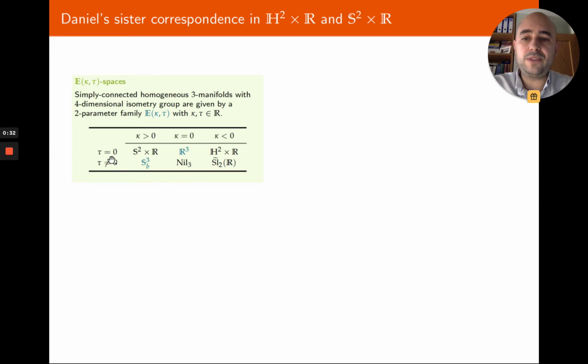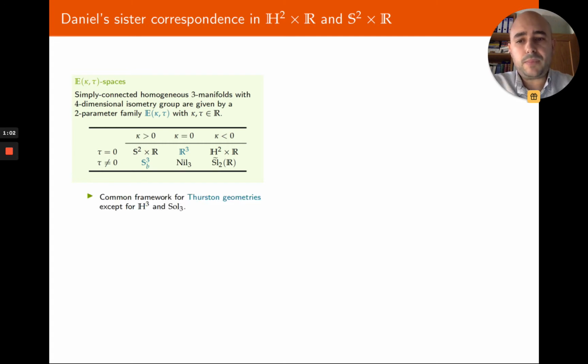When τ is equal to 0, we get the product spaces S² × R for positive κ, R³ for κ equal to 0, and H² × R for negative κ. And when τ is different from 0, we get the Berger spheres, the Heisenberg group, and also the universal cover of the special linear group of 2 by 2 matrices with real entries, with some left invariant metrics.